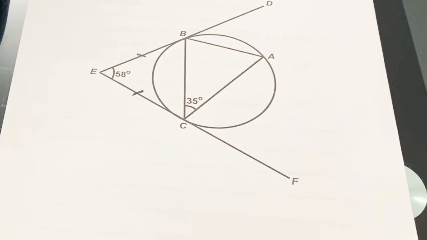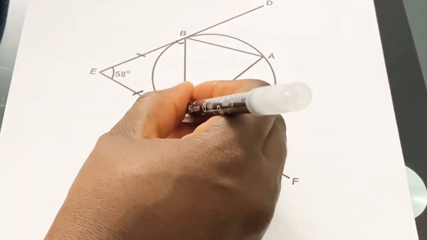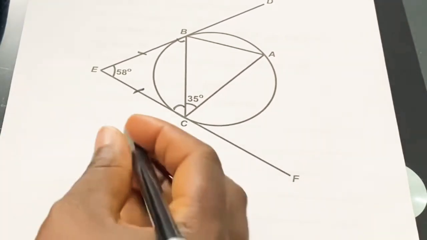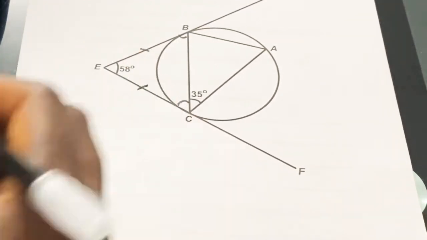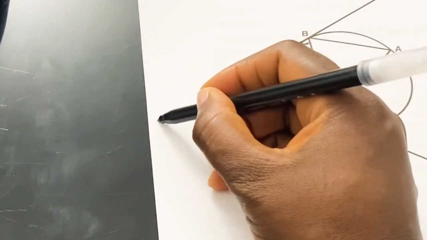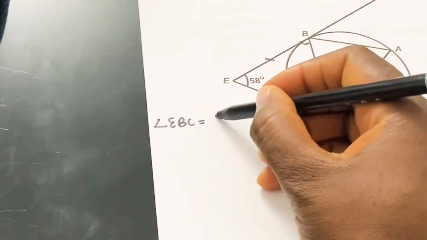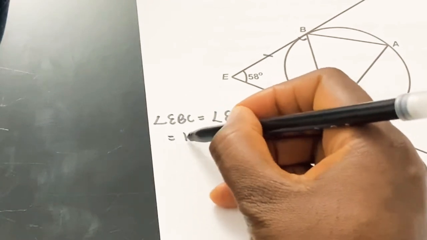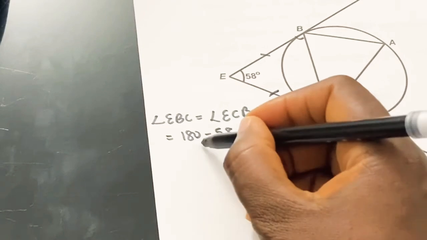So to work out these two angles, we will just use angles in a triangle equals 180 degrees. Let me put my hand on this side so you can see better. Angle EBC equals angle ECB, and that equals 180 degrees minus 58 degrees all over 2.